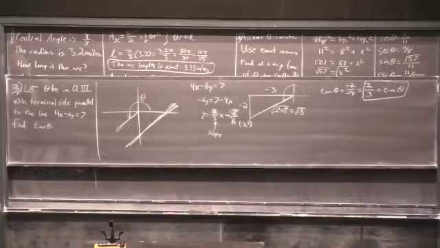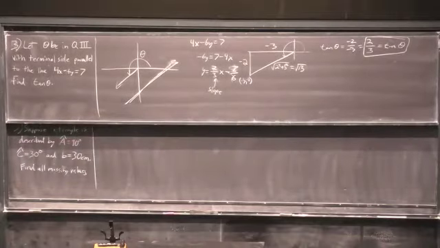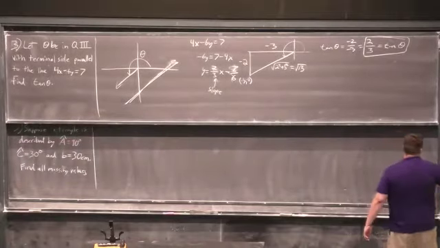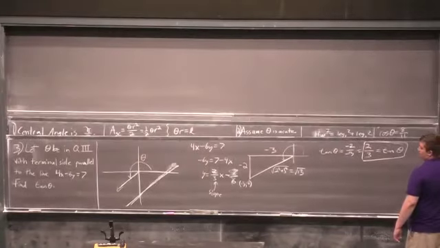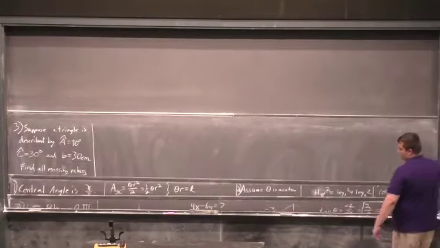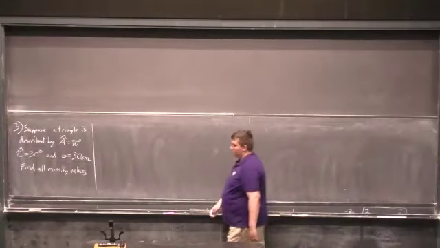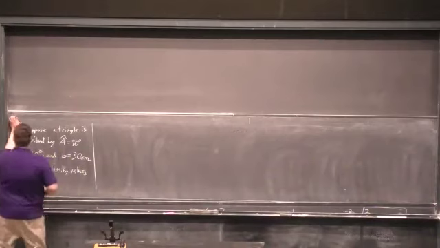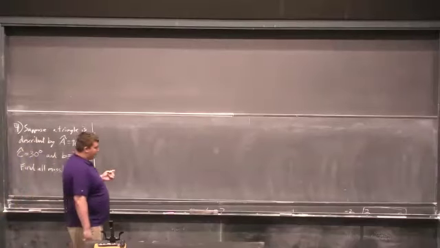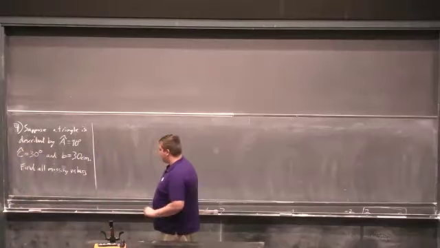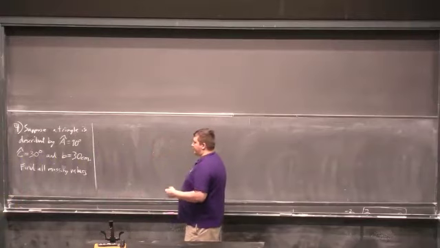For the fourth question, let's get rid of both these. So for question number 4, suppose that a triangle is described by angle A, that's what this A hat means. Angle A is 90 degrees, angle C is 30 degrees, B is 30 centimeters, find all missing values.